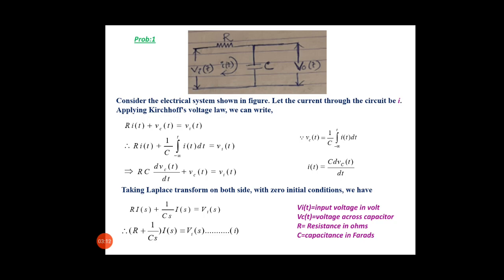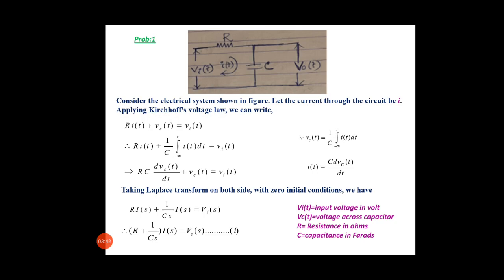Now, I consider my current I in terms of capacitance. So, I equals C dVc(t)/dt, the current passing through capacitor C.